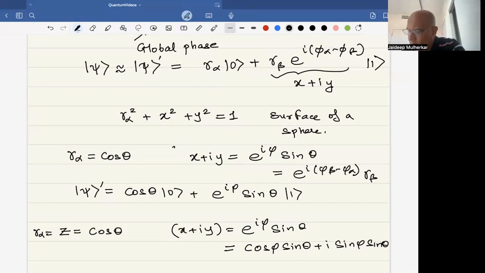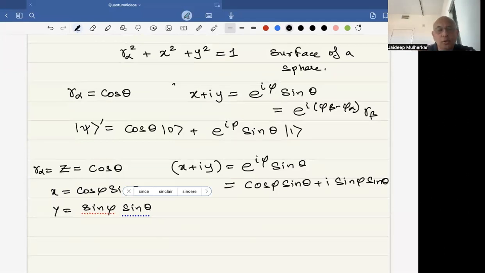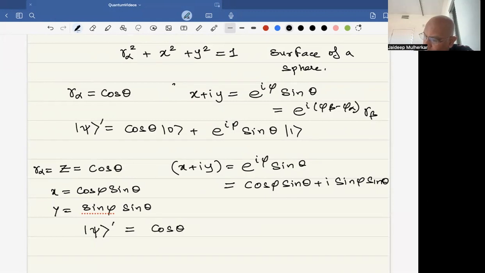So therefore we get x to be equal to cos phi sine theta and y to be equal to sine phi sine theta. Right. So therefore the qubit can be represented on the sphere, and the qubit is cos theta ket 0 plus e to the i phi sine theta ket 1.